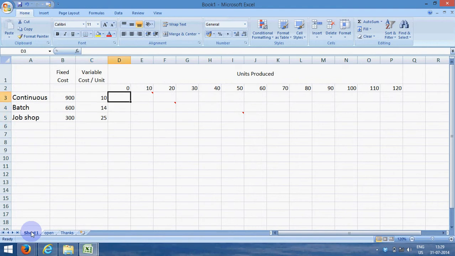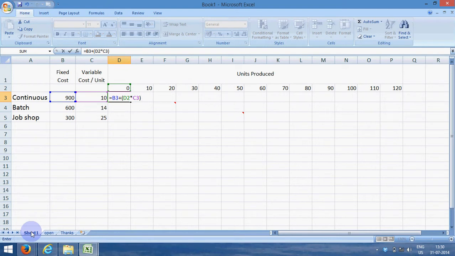Right, so let us try to find out the total cost for the units produced. Now the units to be produced are 0, 10, 20, 30, 40 and so on. When I produce 0 units, my cost is equal to the fixed cost, which will be incurred as it is, plus the number of units produced, which is 0, multiplied by the variable cost per unit, which is 10, bracket closed.